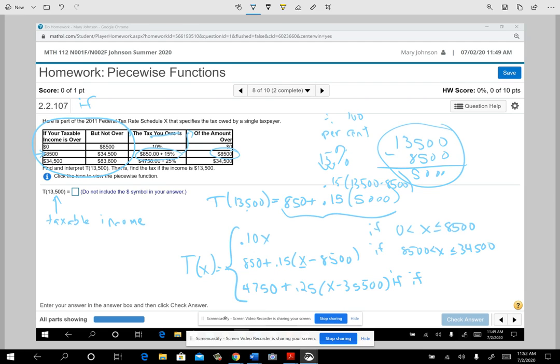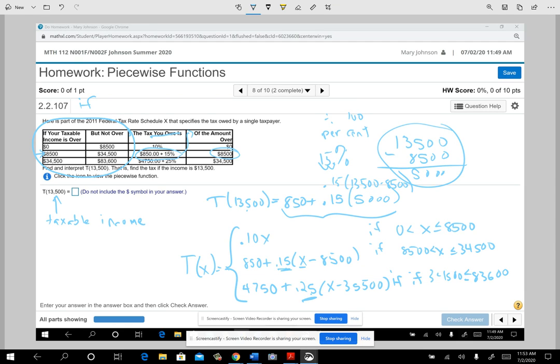And then the last one is if you're over $34,500, but not over $83,600. Okay. So in reality, the federal taxes have like, I don't know, 6 or 7 different rules depending upon where your income falls. Okay. And we talk sometimes about the 15% tax bracket or the 25% tax bracket. And what they're talking about is this piece right here.